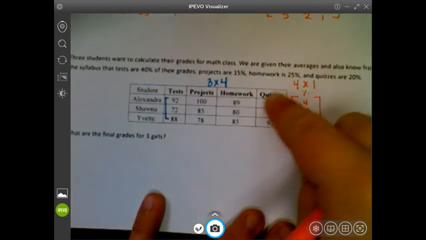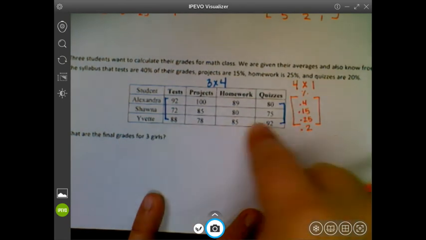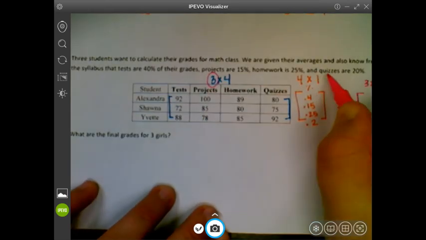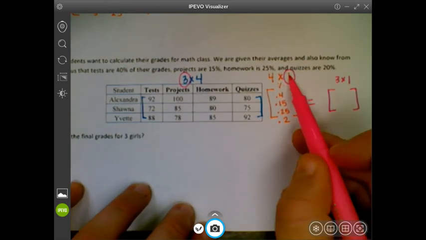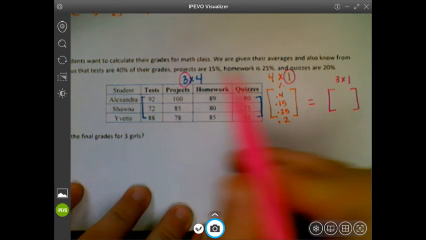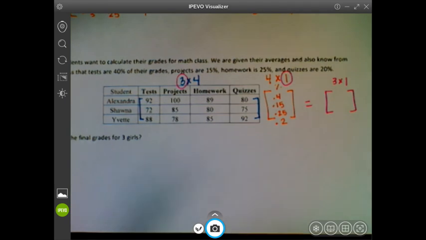And you just do row times the column, add it together, row times the column, add them together, row times the column, add them together, and your answer will be a 3 by 1 matrix. 3 by 1, right? What's left over? And so it will give you one score, one number for each of the 3 girls. The first line will be Alexandra, the second one, Shauna, so on and so forth, all right?